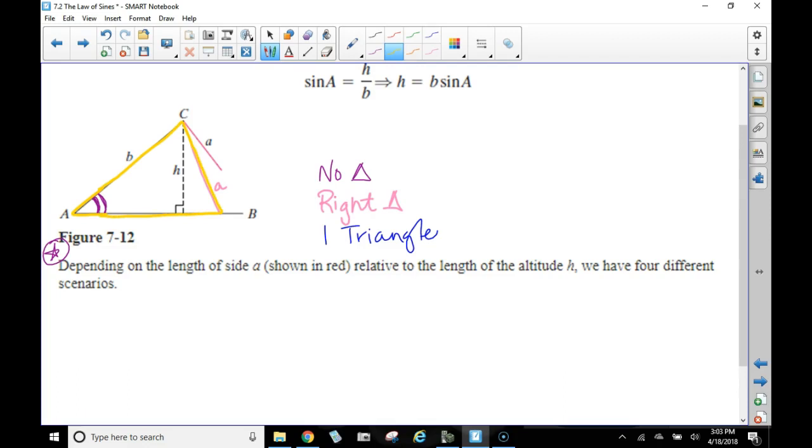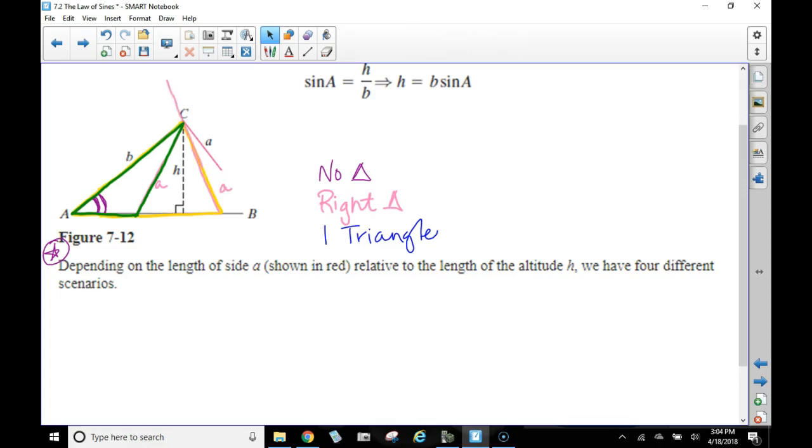And at the same time, I'm going to draw in another same length of side A here, but I could swing it back this way. Now what is formed, wrap your brain around this, people, is another triangle with given side B, given side A, and the non-included angle, angle A. So you could have 2 different triangles if A was just the right length.